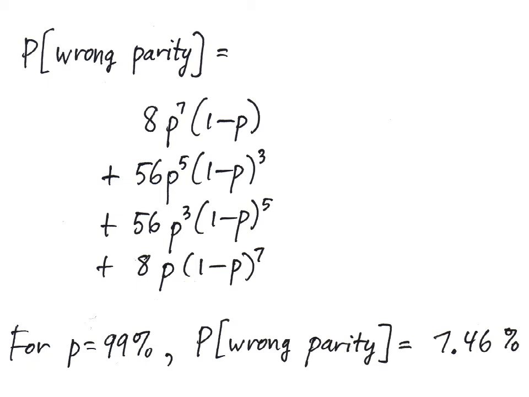So this means that we are concluding that something is wrong with the transmission 7.5% of the time, and if we have two-way communication, we can request a retransmission of that packet. So that's something that can give us much, much higher reliability then.